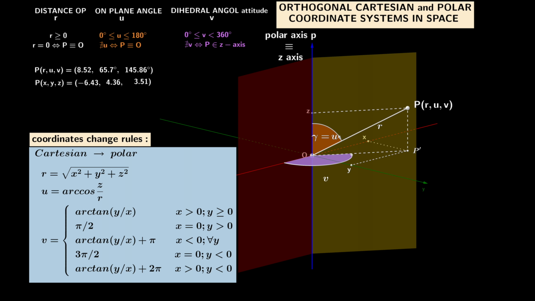U equals inverse cosine of z over R. V equals: arctan(y over x) if x greater than 0 and y greater than or equal to 0; pi over 2 if x equals 0 and y greater than 0; arctan(y over x) plus pi if x less than 0; 3 pi over 2 if x equals 0 and y less than 0; arctan(y over x) plus 2 pi if x greater than 0 and y less than 0.